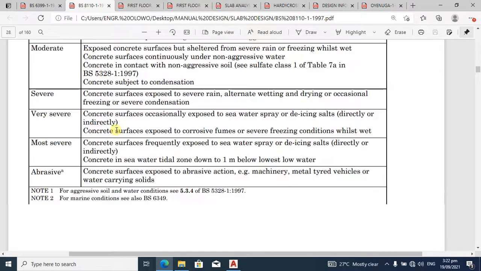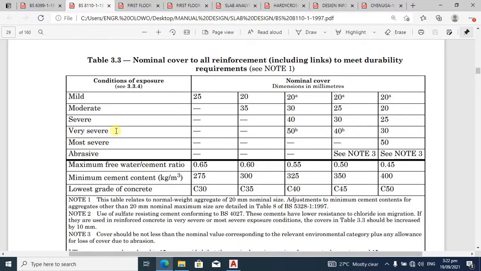And this table is going to lead us to another table, that is Table 3.3. Then under conditions of exposure, since we have assumed mild for our exposure condition, the nominal cover is going to be 25 if we are considering grade 30. If our consideration is grade 30, that is C30, then if you trace this mild down, and you trace this 30 up here, we are going to have 25 millimeter as our nominal cover.